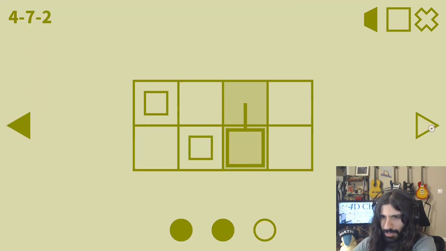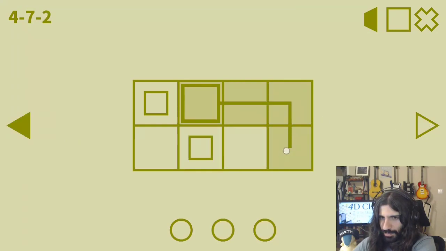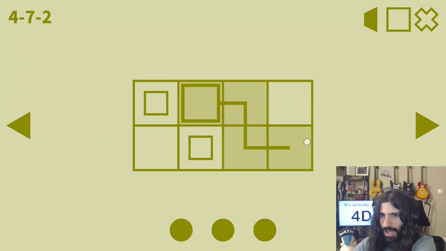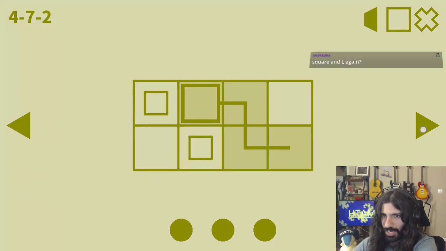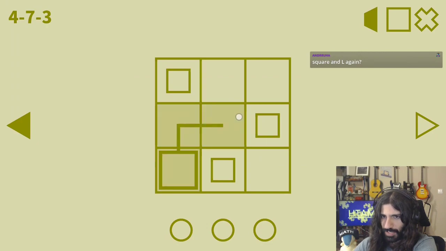Okay, maybe there you can just have... Oops. Okay, so the number of squares in each region doesn't matter, but we've got a region where the white space is like a 1x1, and then the region where there's an L so far.